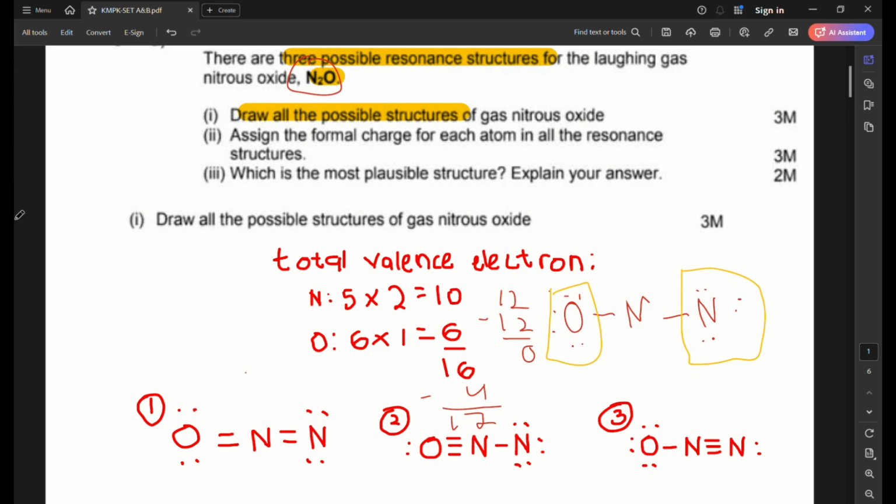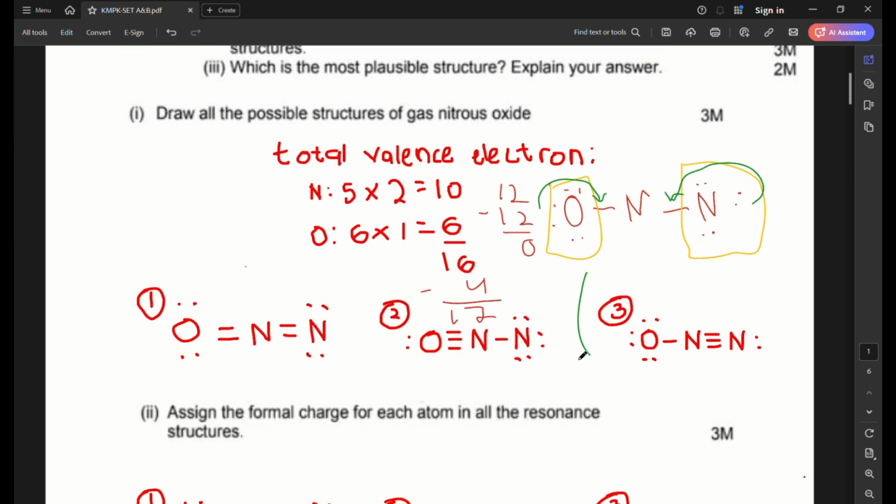So in order to do that, we need to move a lone pair to here, and move one lone pair there. Hence, we can make it O double bond N double bond N. So this one is gone.